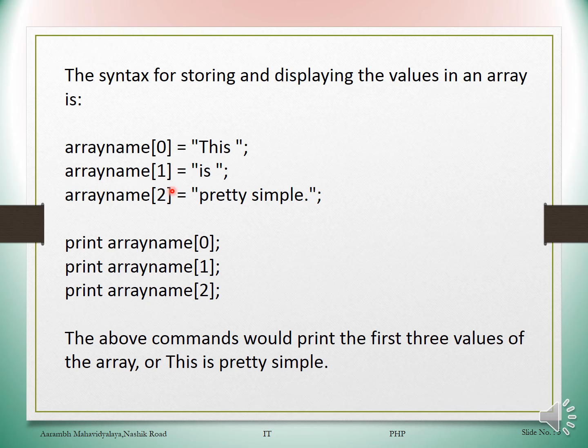Then array name 1 and array name 2 are pretty simple. These three different arrays are provided. Now when we have to take the output of all these provided data, then we have to print the array. Here print array name 0, print array name 1 and print array name 2. Then it will display the data. This is pretty simple, on a single line.